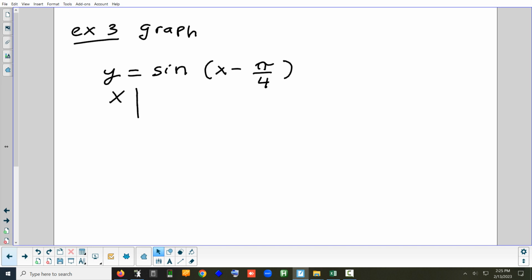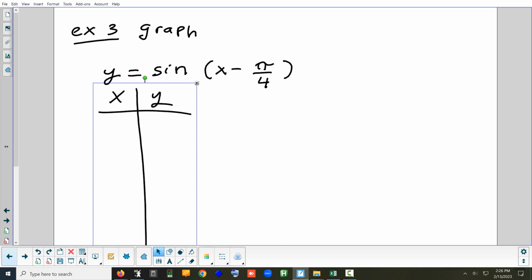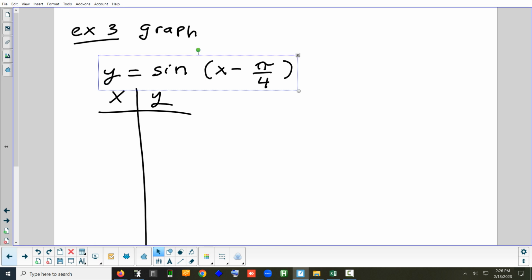Okay, let's make our table. And we know that it's moving left and right because it's a phase shift. So which one of these columns is unaffected? Doesn't change. The y's. What are my y values for sine? Jackson.